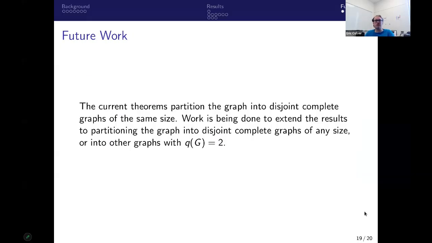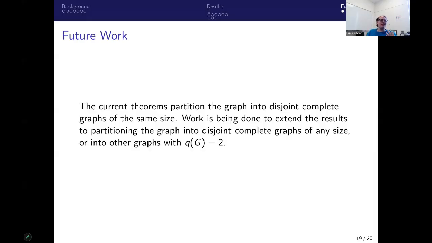So future work that we are attempting to do is how do we partition a graph into complete graphs of different sizes? All complete graphs have q equal to 2, but so far they have different eigenvalues, so it's a matter of trying to change the matrices so the eigenvalues match.